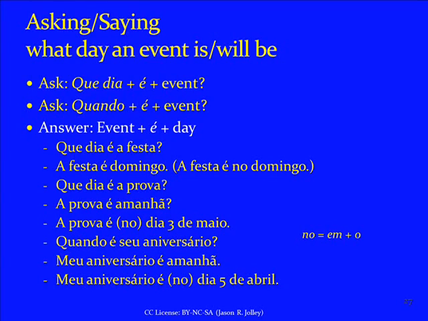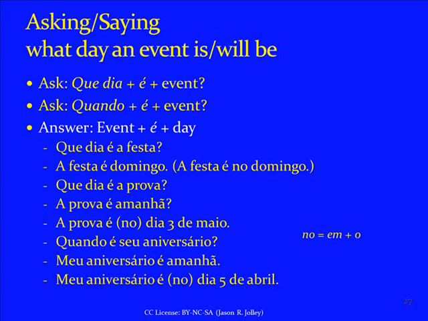When is your birthday? Quando é o seu aniversário? Quando é seu aniversário? Response: meu aniversário é amanhã, if it were tomorrow, right? Or perhaps, meu aniversário é na próxima semana. It's next week.